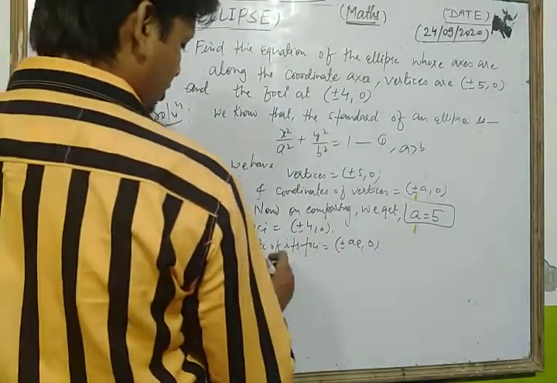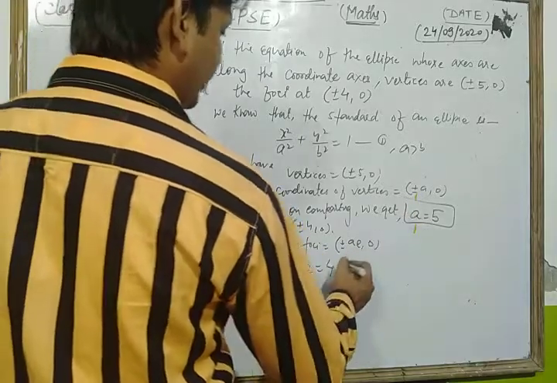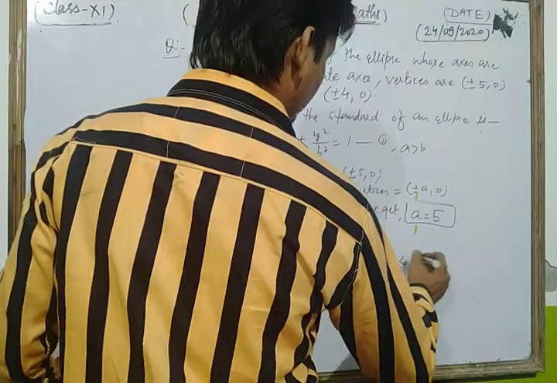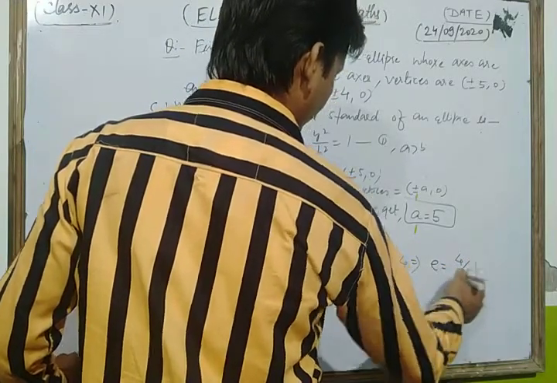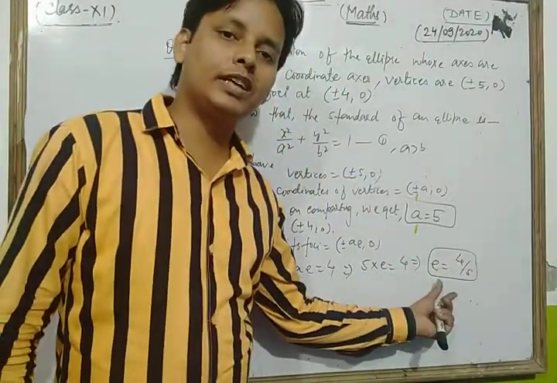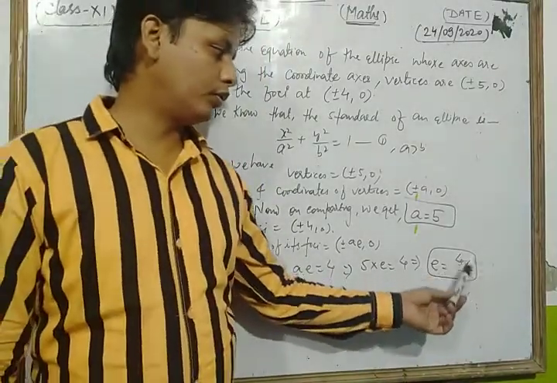Now on comparing, we get AE is equal to 4, and we put the value of A, 5, into AE is equal to 4. So the value of eccentricity of an ellipse is 4 upon 5. In this way, E is equal to 4 by 5.